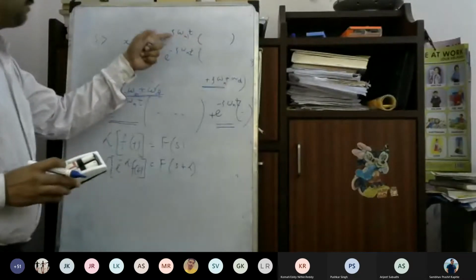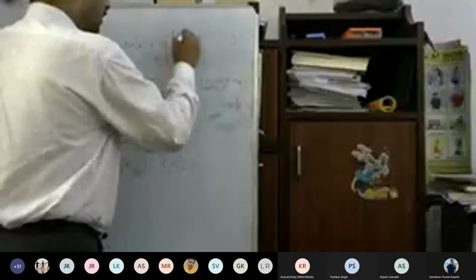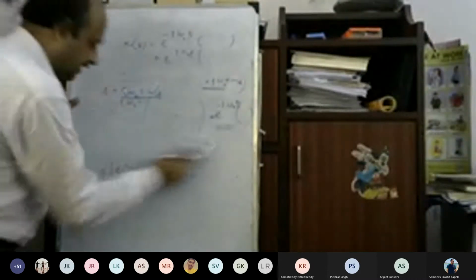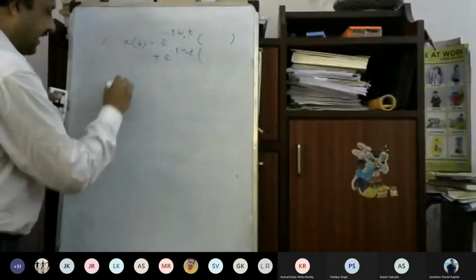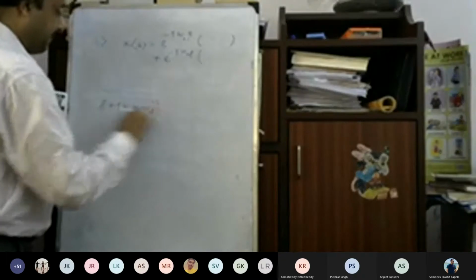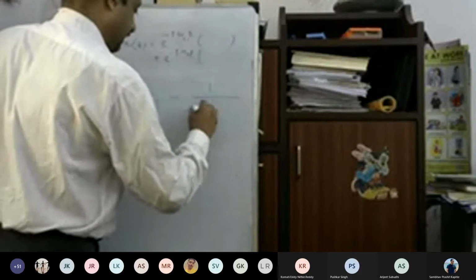So you'll get e to the power minus zeta omega n 1, so omega n1, and this will be omega n2. So these are the two terms. I am not doing it very systematically here. What I am saying is that there will be this s plus zeta omega n plus omega d prime, and there will be another term s plus zeta omega n minus omega d prime.